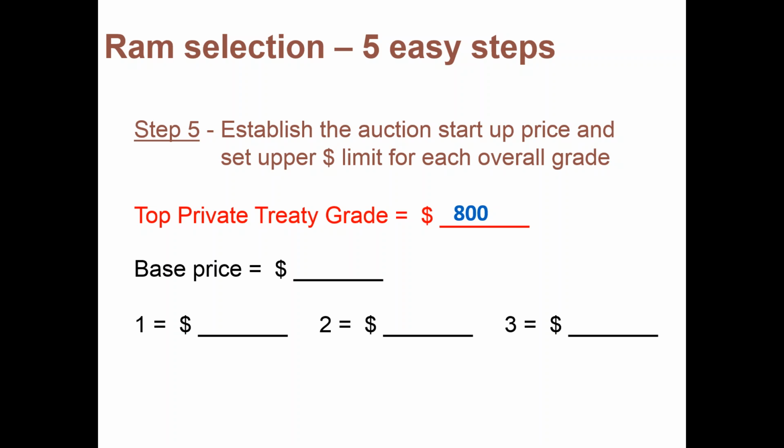An auction sale has a base price that the auction won't effectively go below. That's the pass-in price, some people might call it, and often that's the same as the private treaty grade price. In this example, I've given that base price as $800. My best rams, I'm prepared to go to $1,800 for those, $1,400, and for grade 3s, $1,000. Now, I'm not suggesting that is the price. That's something your business has got to sort out. But effectively across the grades, you will have different prices if you've done that effectively.